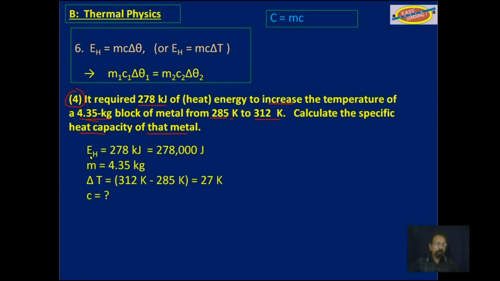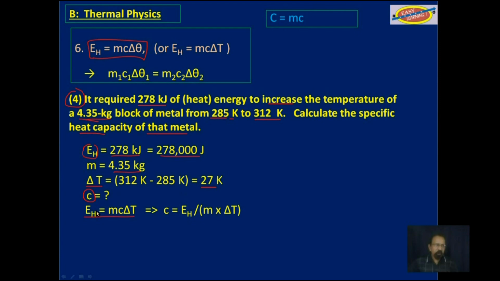We know that the heat energy required is 278 kilojoules, and we need to convert that to joules because we cannot put kilojoules in this equation. We know that the mass is 4.35 kilograms, and that is already in the correct unit. We also know that the change in temperature is 27 degrees Kelvin.